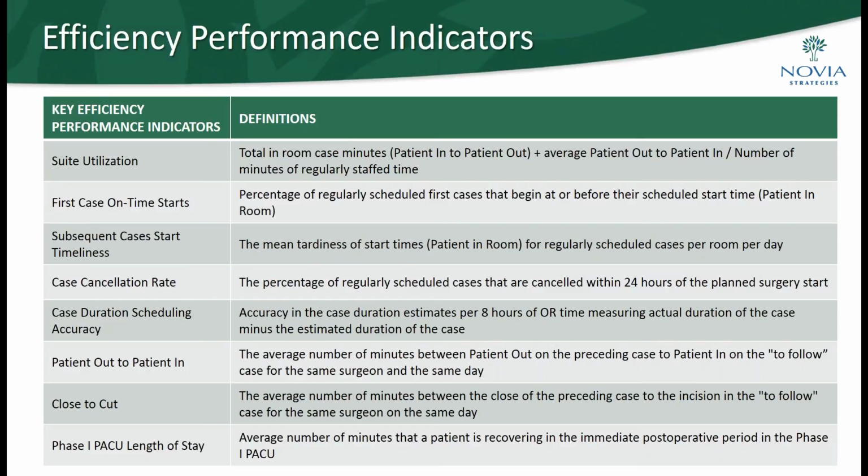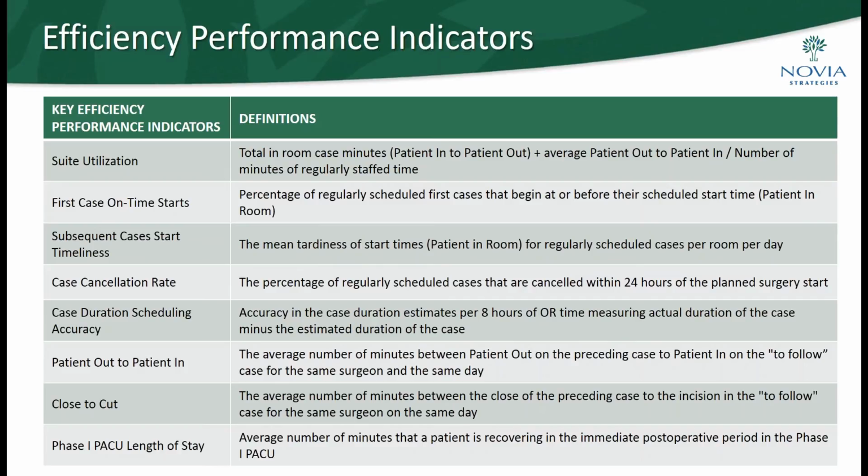And we're spending a lot of time on PACU length of stay, which quite often is a throughput initiative that has to be implemented to get those patients into an inpatient bed out of the phase 1 PACU. The phase 1 PACU staffing standard, for the most part, for most patients, is one nurse to two patients until the patient meets discharge criteria.